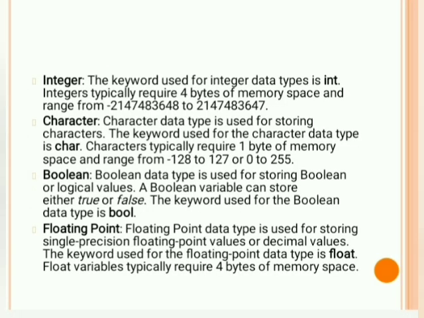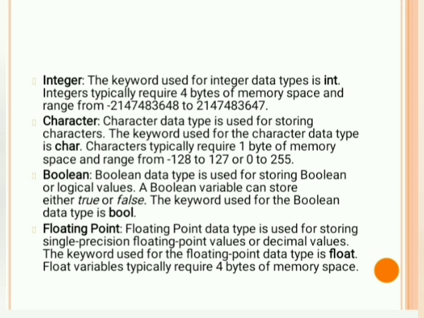Integer, the keyword here used is int. It basically requires 4 bytes of memory space. The character data type is used for storing characters, while the boolean data type is used to store boolean values, either true or false, whereas the floating point type is used for storing single precision floating point values or decimal values.